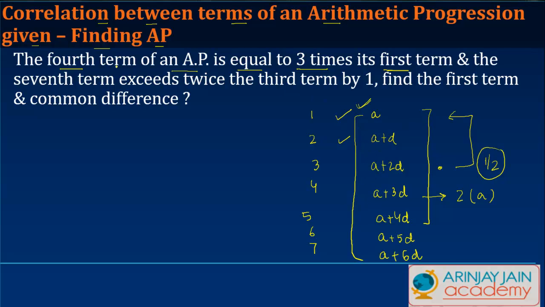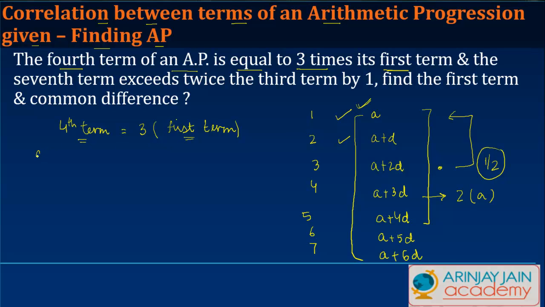So you are given that the fourth term of an AP is equal to 3 times its first term. Now, we know for sure, if you've been watching all the videos that we have created, that you understand what this stands for.